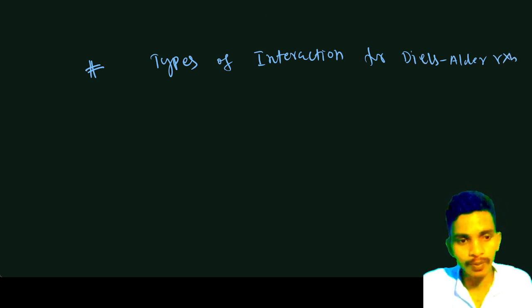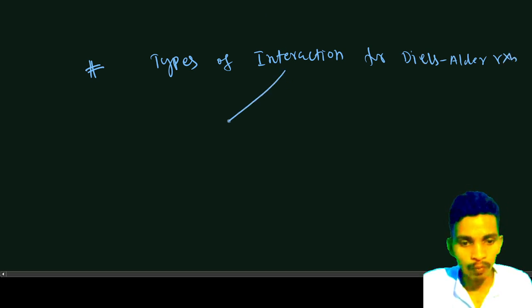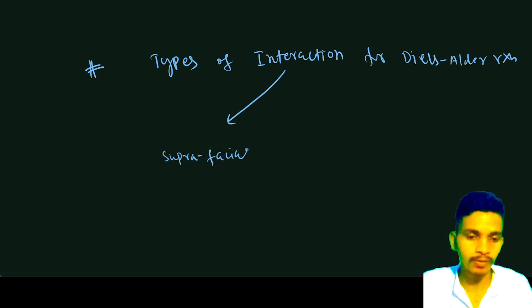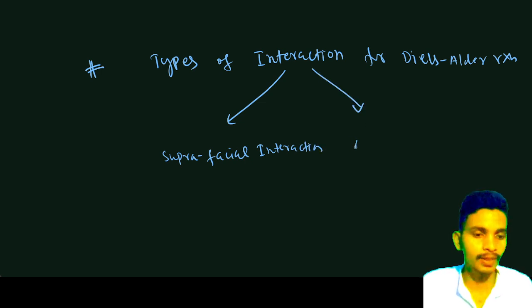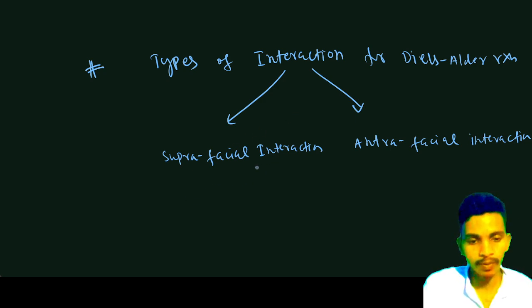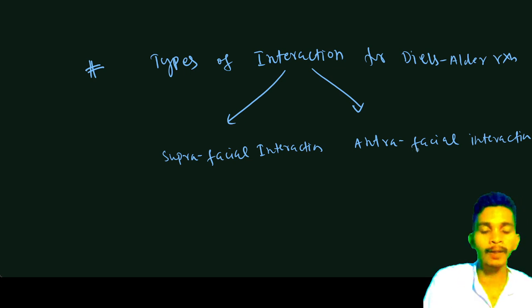One is suprafacial interactions, another is antarafacial interactions. So two types of interactions are possible: suprafacial interactions and antarafacial interactions.